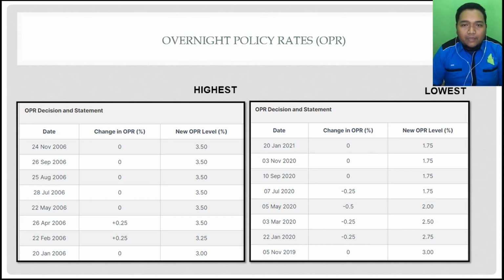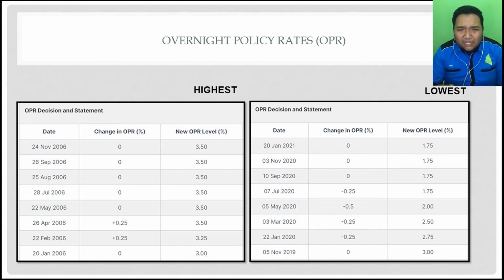Okay, on the next slide, we can see the ups and downs of the OPR rate in the years 2006 to 2019. The direction of OPR, either downward or upward, depends on the economic condition and its outlook.